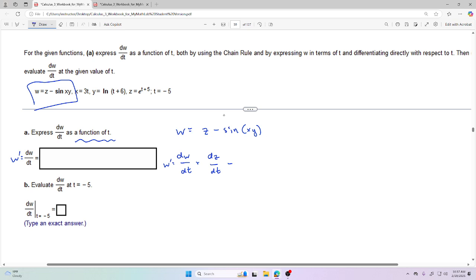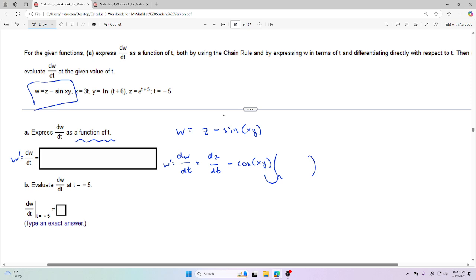What's the derivative of my sine? Cosine goes on, and I leave the inside alone. Everything's happy. But then I have this chain rule. I mean, this whole thing is called chain rule, but we have that regular old chain rule stuff. But this would be a product rule, wouldn't it? Because I have 2 different things multiplied. Again, think implicit for a little bit. Every single thing is important.